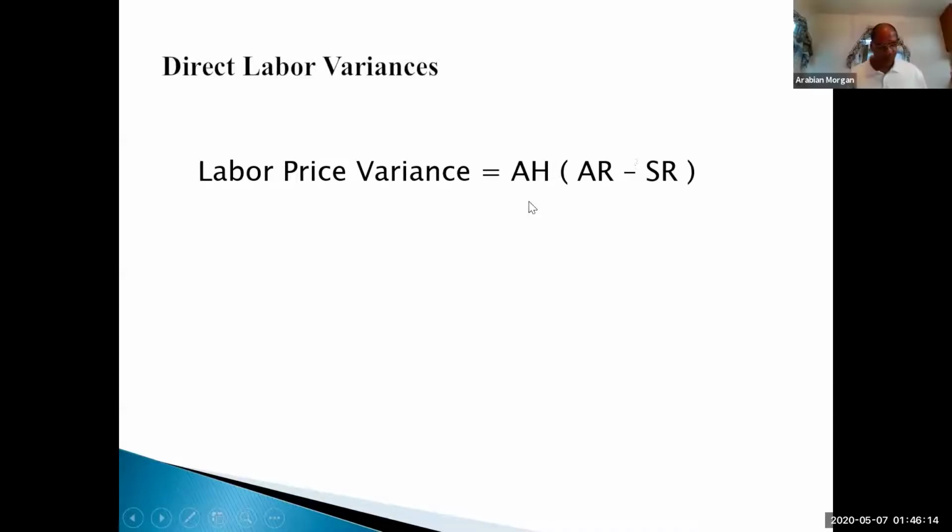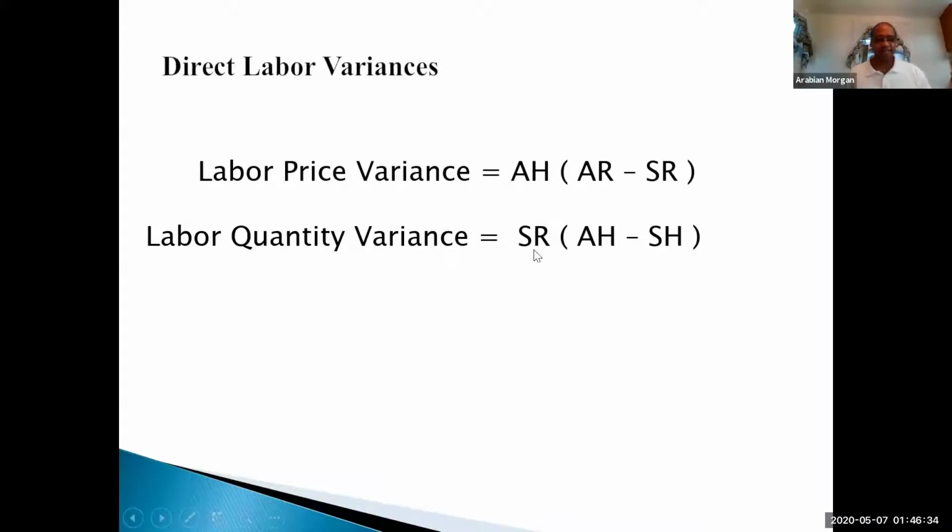Yeah, this is workbook page 421. And then the next variance is the labor quantity variance.